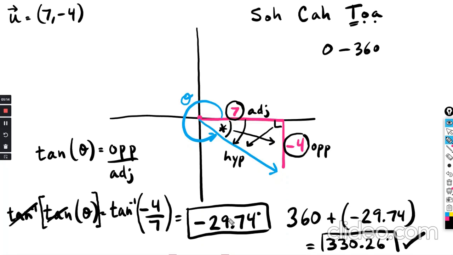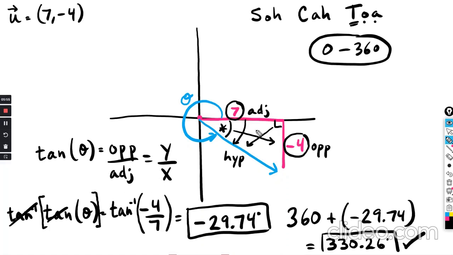So this was almost correct, but we got this angle, and the answer has to be between 0 and 360. They said round to 2 decimals, so that's 330.26. Before I enter my answer, I might as well show you: on this circle, the opposite side to this central angle is always the y component, and the adjacent side is always the x component.